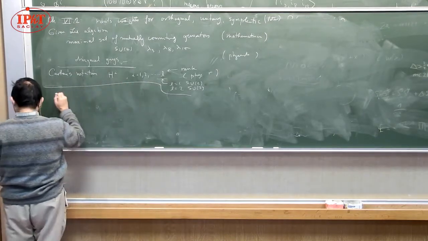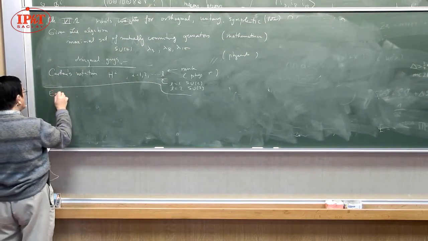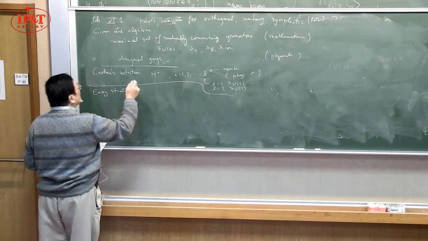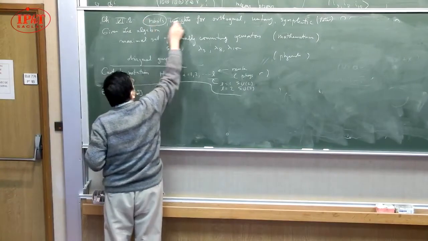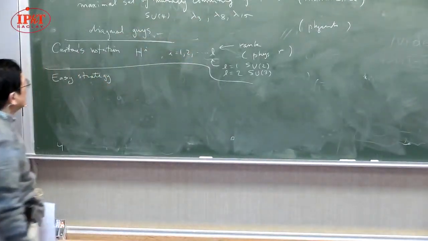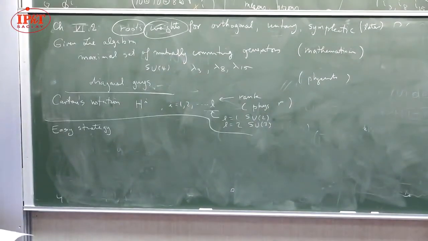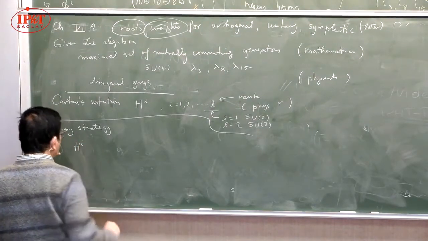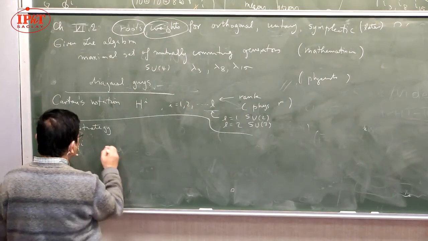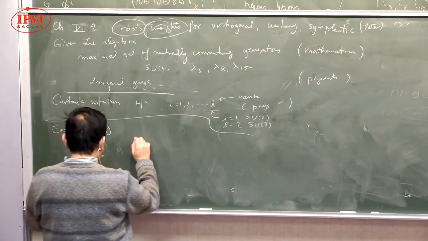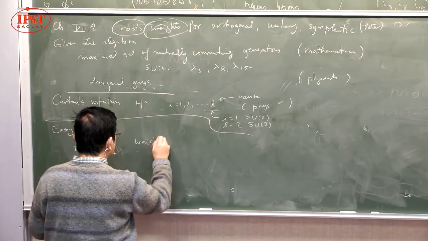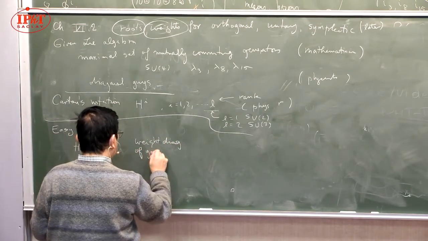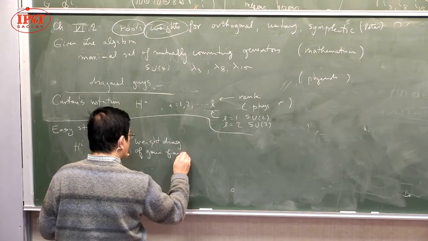So here's an easy strategy. What we want to do is to work out the roots and the weights for these different algebras. And here's the easy strategy: first you find the H_i, then you find the weight diagram of your favorite representation.